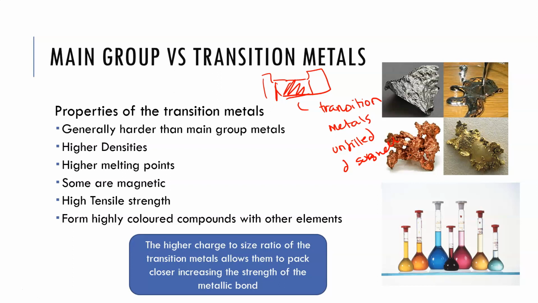The other thing about transition metals is they tend to form highly colored complexes when they form compounds with other elements. So you'll remember one of these being copper sulfate, and that copper sulfate is bright blue. So transition metals tend to be highly colored. This higher charge to size ratio of the transition metals allows them to pack closer and increases the strength of the metallic bond.